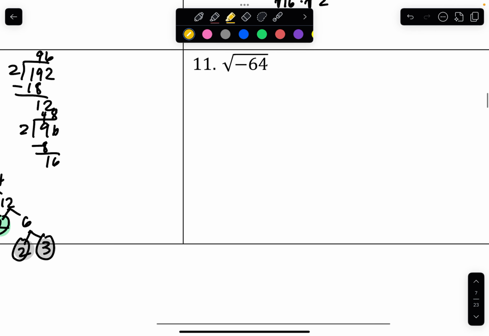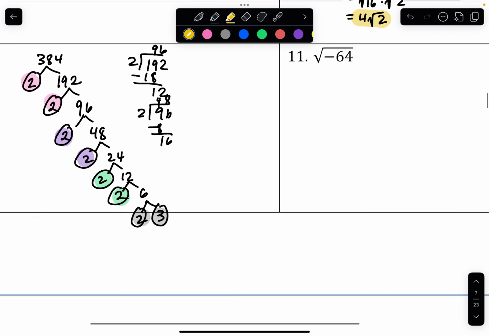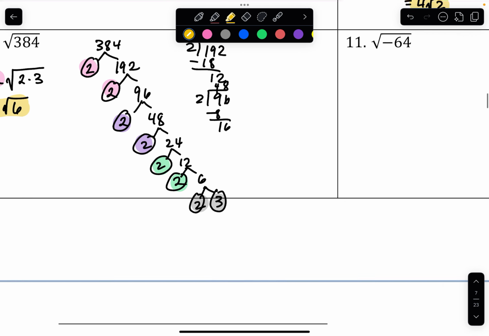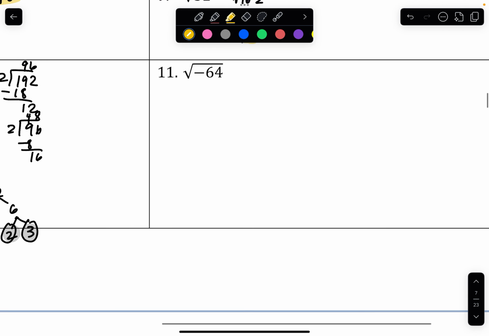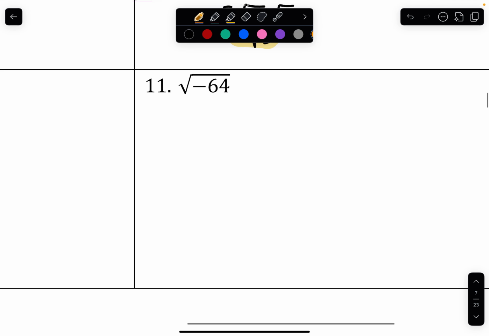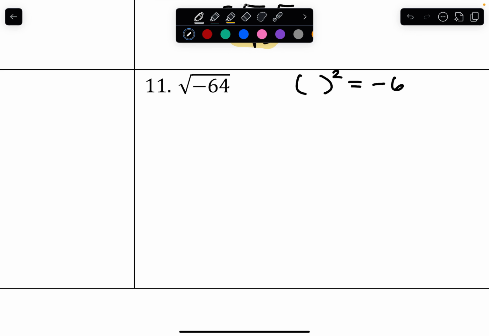Okay, so this next one is negative, which requires us to know something about imaginary units. And so coming down here, the imaginary unit I is the square root of -1. We need that because you can't square root a negative number and it be something real. Nothing squared could have ever given you a negative number unless it's imaginary.